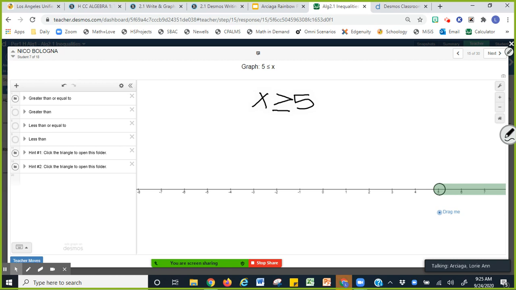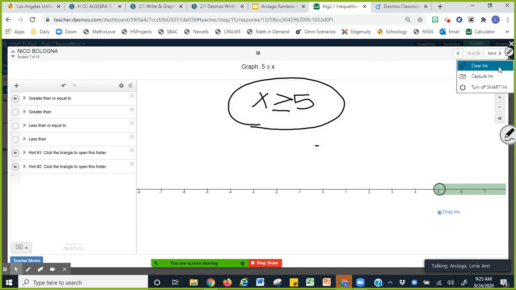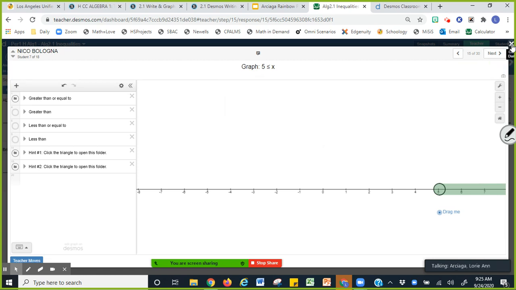Because that is not necessarily true. It depends on how the inequality looks. So you have to shade to the right. x is greater than or equal to 5 means the same thing as 5 is less than or equal to x. Okay. Thanks, Nico. I used your screen as an example.